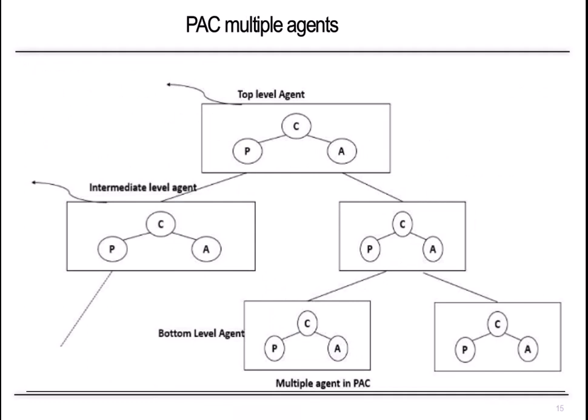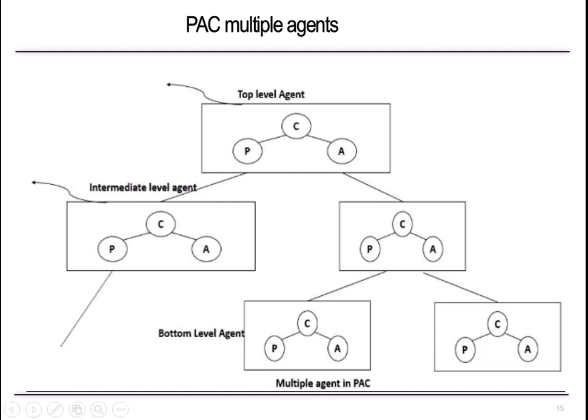So this is the generic example. We have multiple agents shown in the hierarchy. As I stated previously in this lecture, PAC works in a hierarchical way, and in each hierarchical level we have different agents working together.